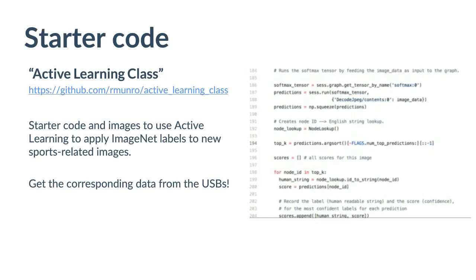And like I already mentioned, there is starter code for this, the active learning class. I'll give you the URL, or you can Google that. It might come up pretty high anyway. But yeah, it's at that URL there. So GitHub, my account, active learning class. That has the starter code for transfer learning and active learning, plus a set of I think about 200,000 sports-related images.